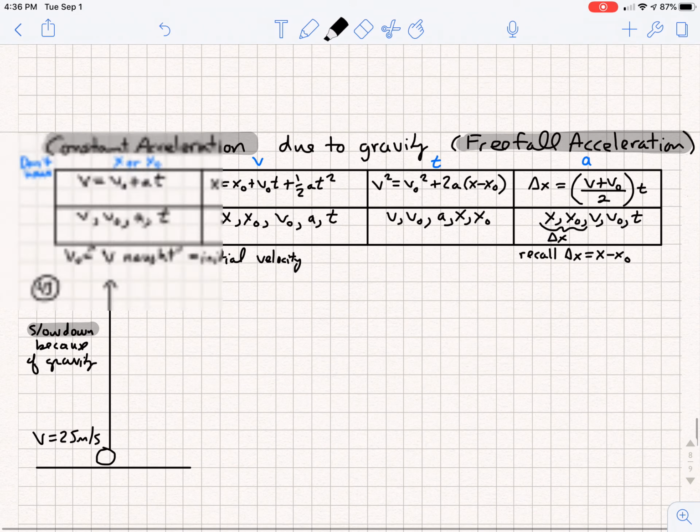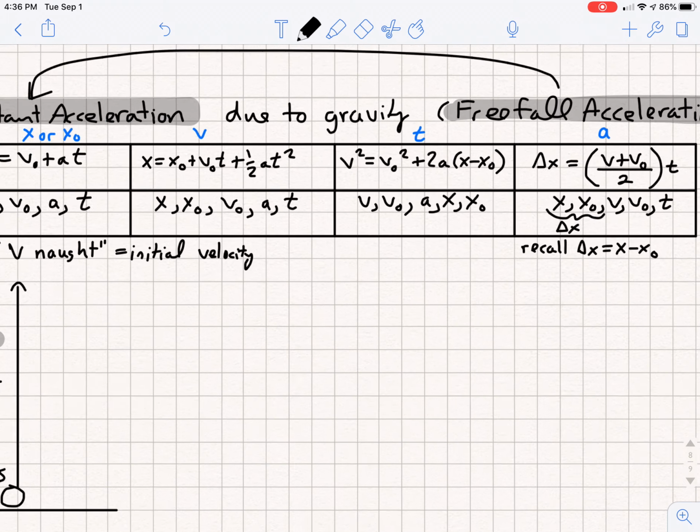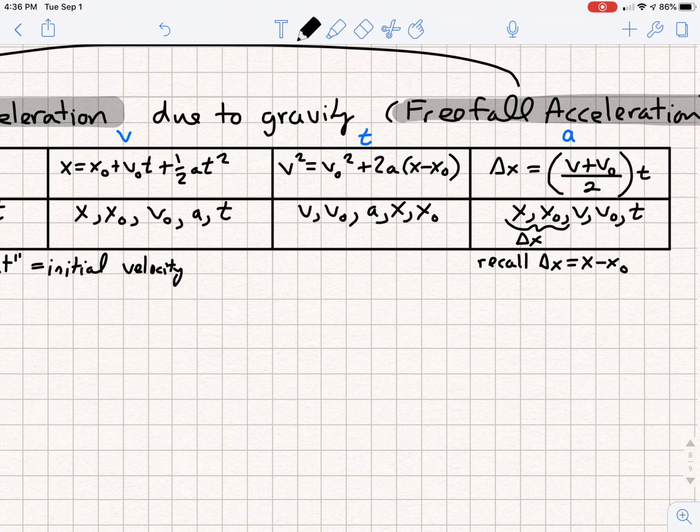Okay, so just for a point of clarification, free fall acceleration is constant acceleration, but it's constant acceleration with two major things that go along with it. Number one, if an object is constantly accelerating because of Earth's gravity, then its acceleration in the vertical direction is equal to negative g, or 9.8 meters per second squared.